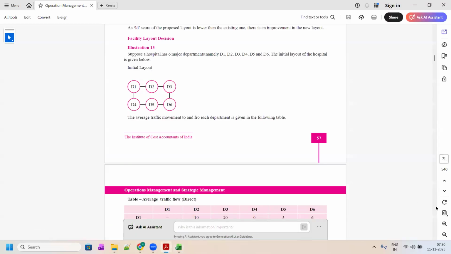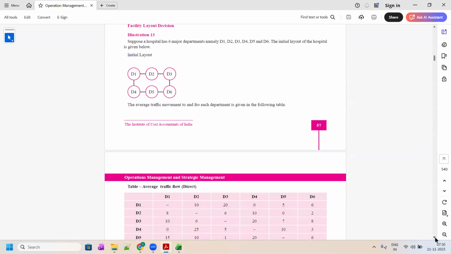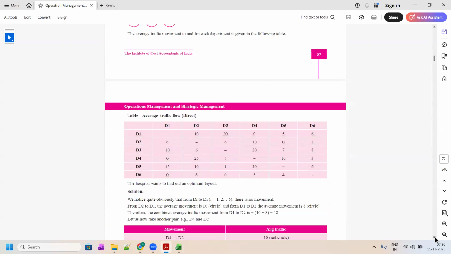Here, you can see this data is given, the traffic data. From D1 to D2, if we are moving from D1 to D2, the cost given to us is 10. And if I'm moving from D2 to D1, the cost is 8.